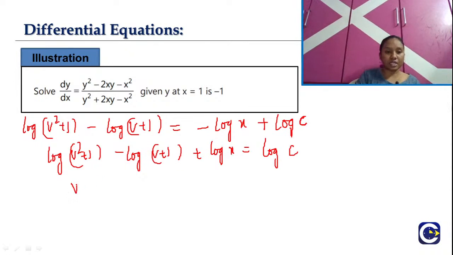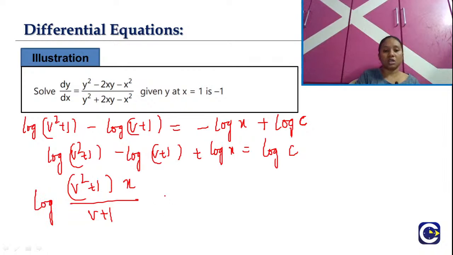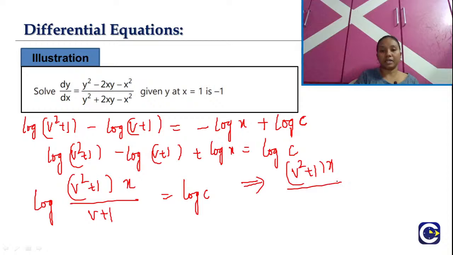So now this can be written as v square plus 1 into x divided by v plus 1, with the entire log here, and on the other side log c. So now from both sides log will be eliminated, and what remains is v square plus 1 into x by v plus 1 is equal to c.